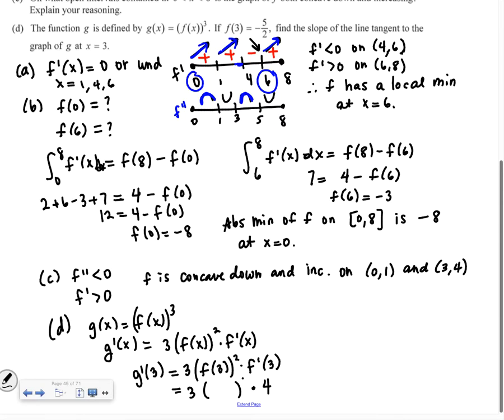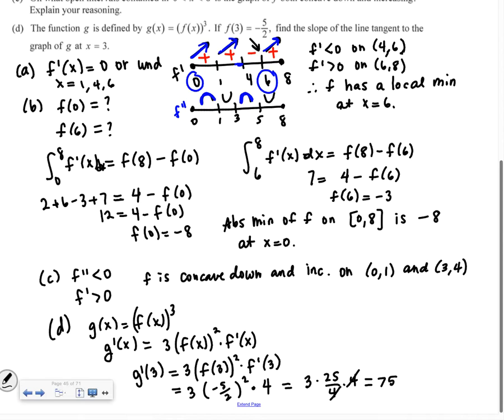But we need to know what f of 3 is. Okay, and if we're finding f of 3, oh, I think I was given it, wasn't it? It's negative 5 over 2. So we're good there. You could also find it by doing the integral that we did like in part B, right? Okay, so anyway, so I end up simplifying. I get 3 times 25 over 4 times 4. The 4's cancel. So we end up getting 75.